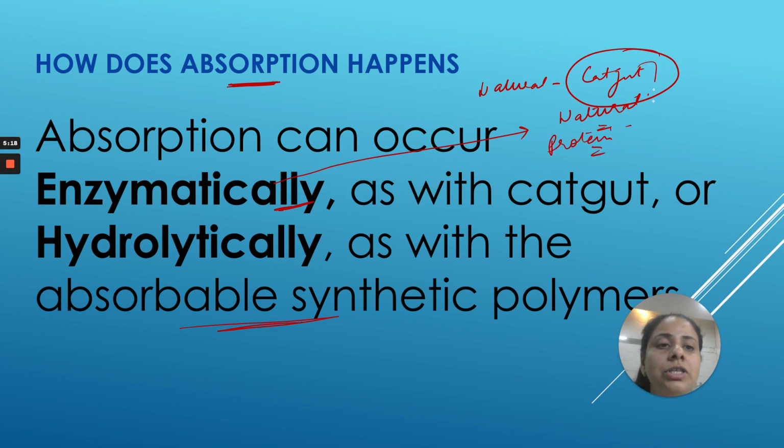Anything which is protein in nature has to be managed enzymatically, and anything which is synthetic in nature will be managed hydrolytically. So you should know that if you are using a synthetic suture material, the body absorbs that synthetic material hydrolytically.